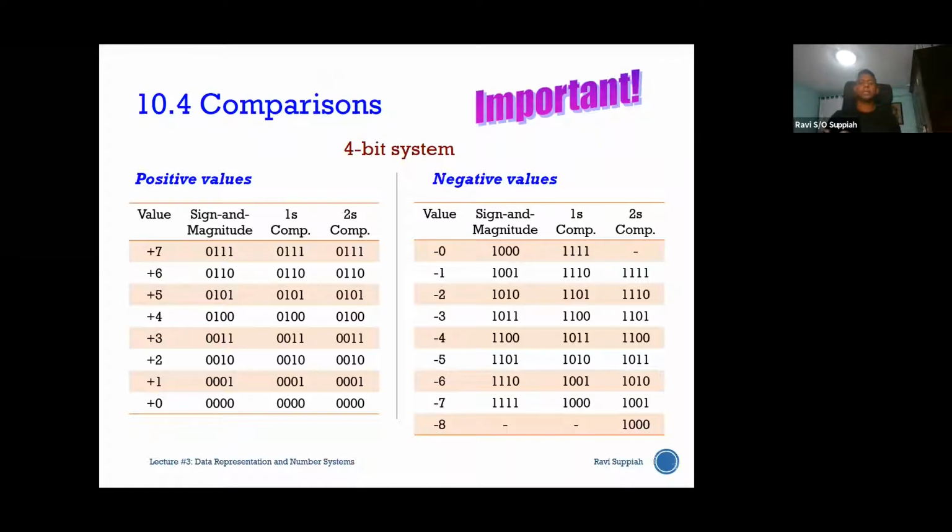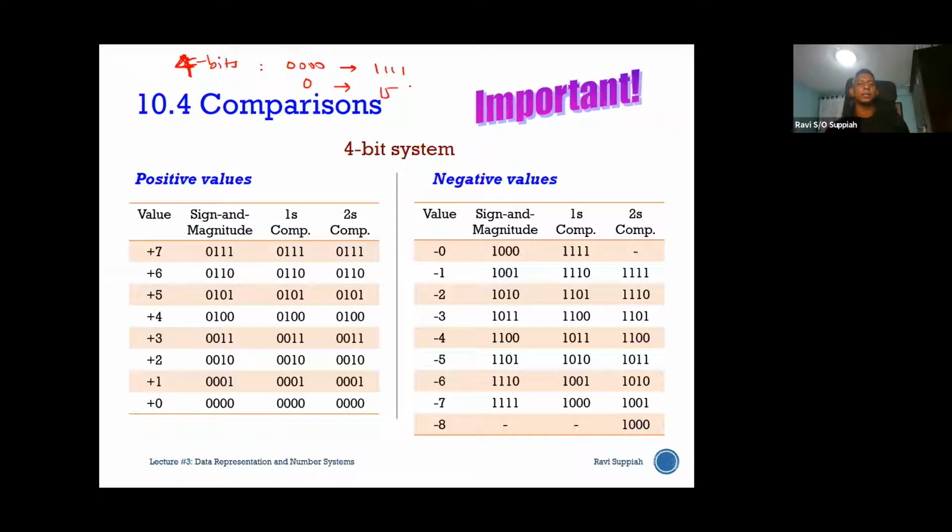Previously, let's go with 4 bits. If I have 4 bits, the smallest number is 0000. The highest number is 1111. If you key this into your calculator to convert it, you know that this is from 0 to 15.